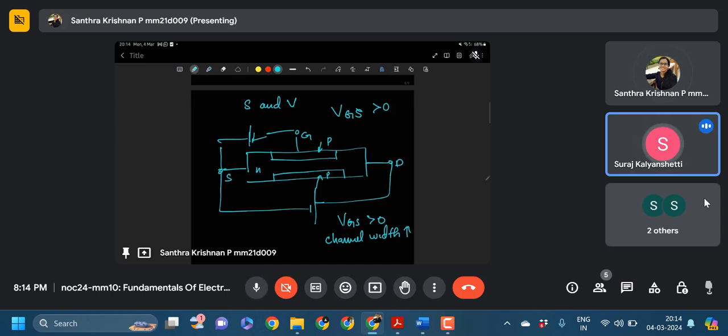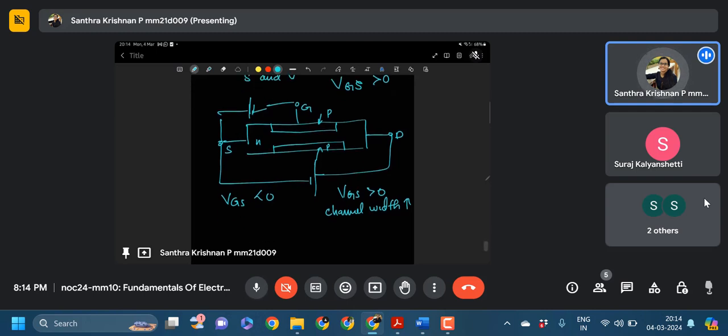And if this VGS is less than 0, the width will get reduced. Initially itself the width will get reduced and therefore pinch off will happen much earlier.